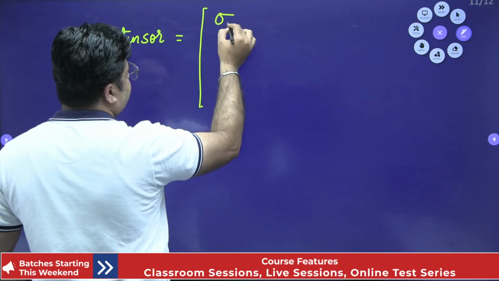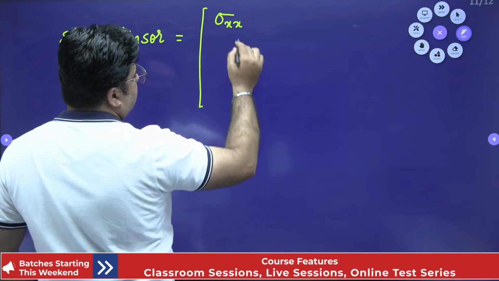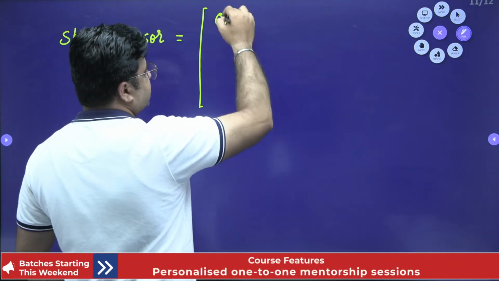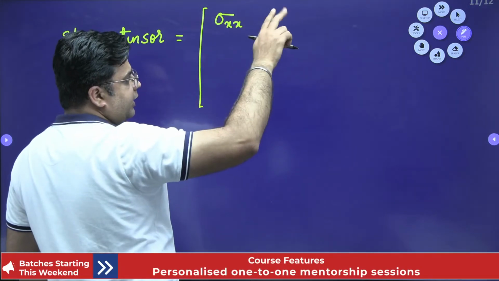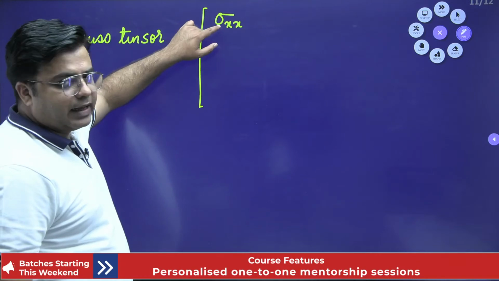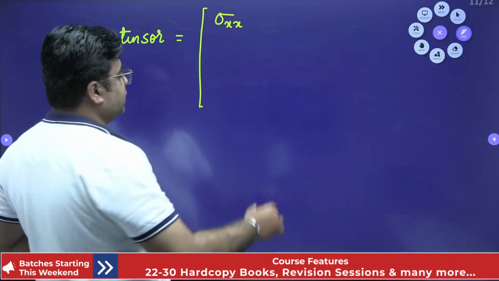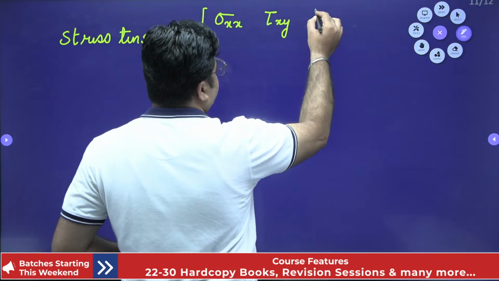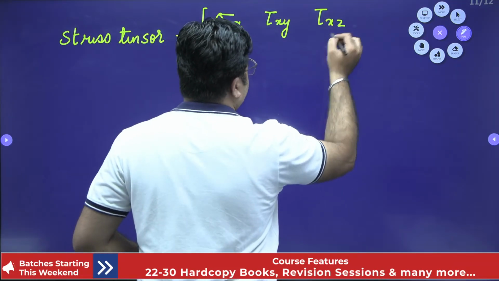So diagonal elements are your direct stresses, and then you have shear stresses. So on X plane, three stresses will be coming. One will be the direct stress and the other two will be the shear stresses. So the other two shear stresses are tau xy and tau xz.